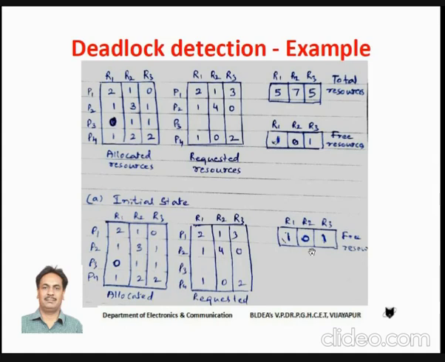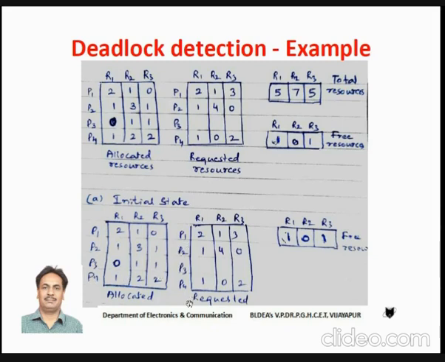Okay, students, looking at this information, can you think which process will be able to complete its execution first? Just think logically and tell me. We have P1, P2, P3, and P4.